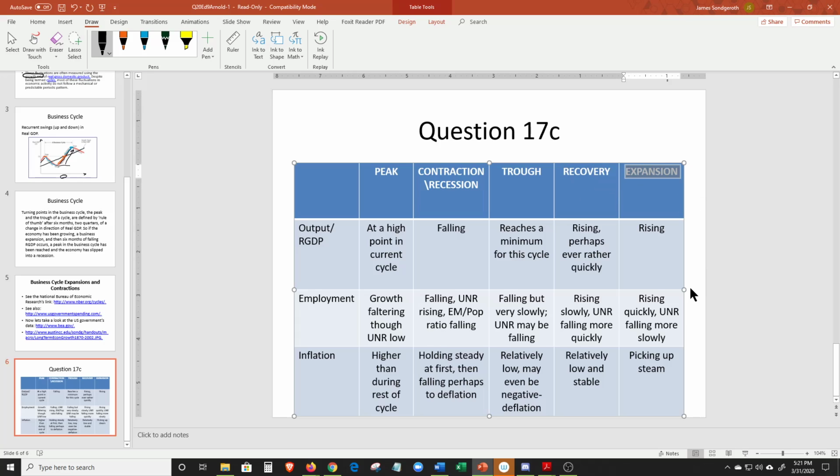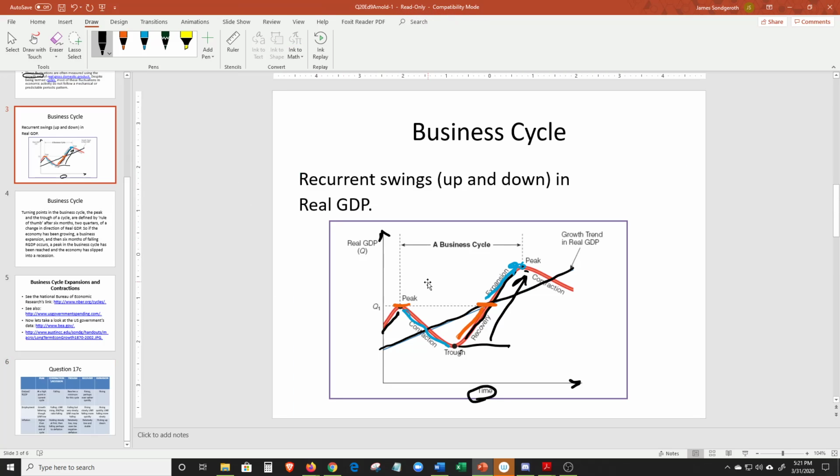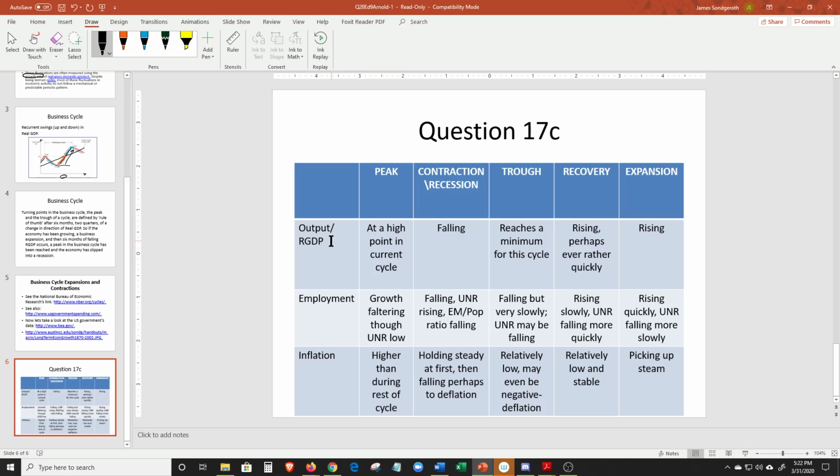So it pretty much followed, if we come back here, peak, contraction, trough, recovery, expansion. All right. And so we're going to take a look at output, which is real GDP. We're going to take a look at employment and unemployment, and price level, inflation, deflation.